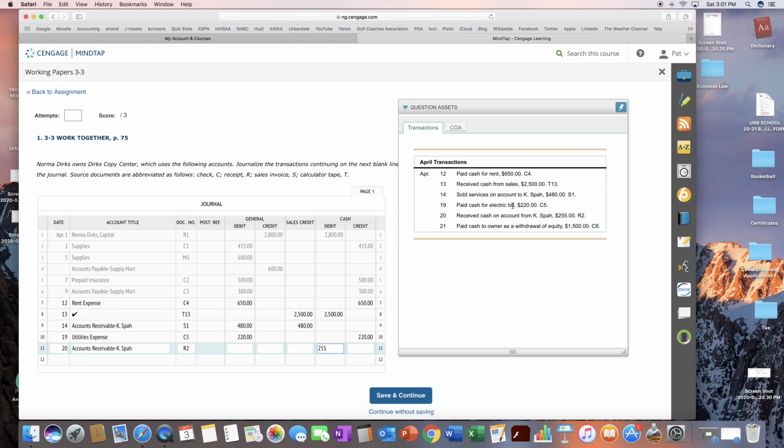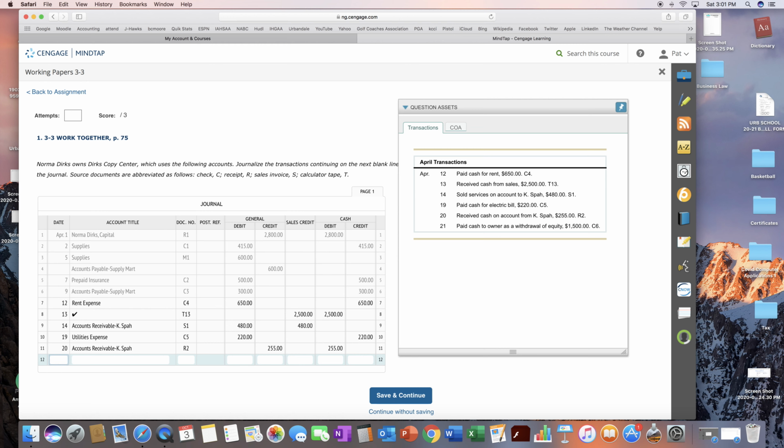What's that do? It lowers the bill. They owed us $480. Now we have to credit, excuse me, that to take that bill off. So if there's a T account, it would have $480 as a debit, $255 as a credit, and then you'd have a new balance of $225 or whatever. But this credit lowers accounts receivable, their bill they owe us. And whenever you get a receipt there, you know your cash debit.